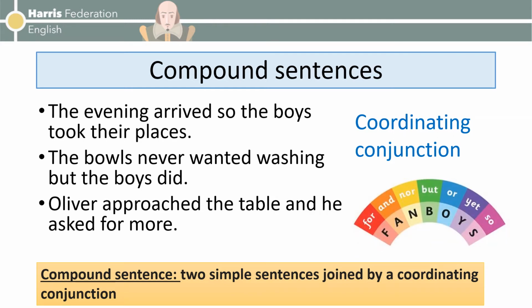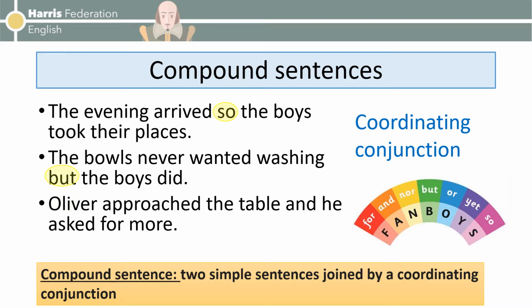An easy way to remember these is the mnemonic FANBOYS. So the coordinating conjunctions are: for, and, nor, but, or, yet, so. In the first sentence, the evening arrived, so the boys took their places, "so" is the coordinating conjunction.